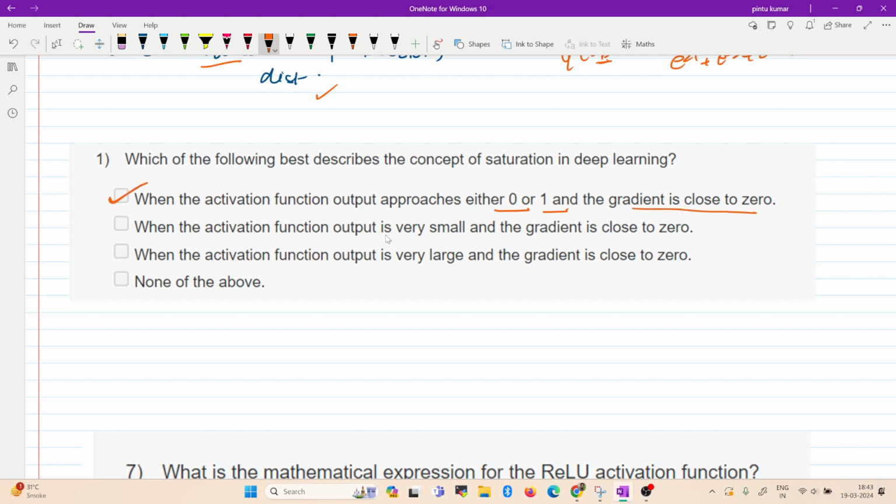If your output is very small and your gradient is approaching 0, then also it is a saturation problem. Why? Because no matter what value it is approaching, if because of that your gradient is becoming small, that is your saturation problem. And even if it is achieving very large function values but is saturating, because of which your gradient is close to 0, this is also such. So all three options are correct, and none of these is an incorrect option.